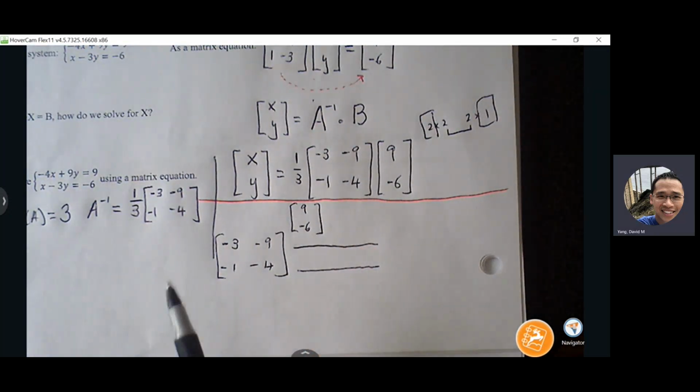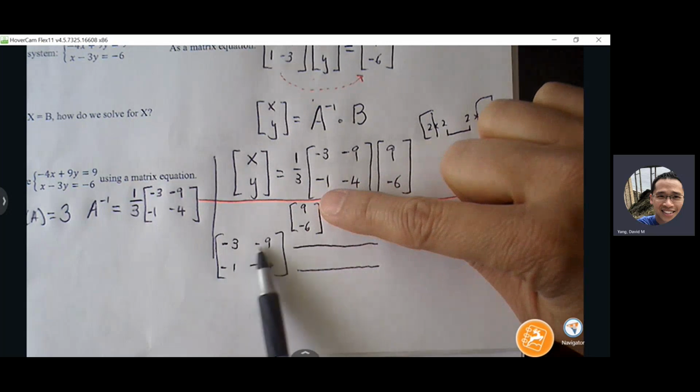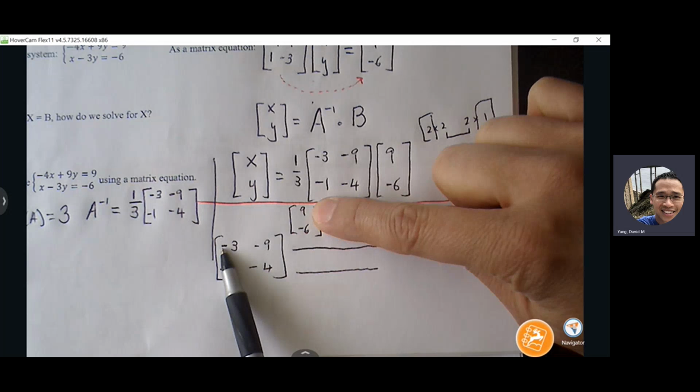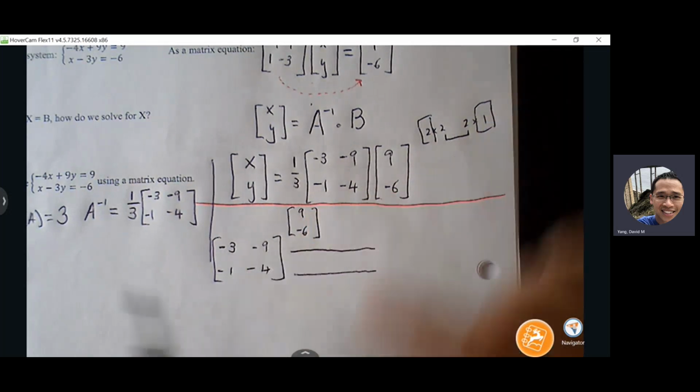Okay, so just like your multiplication steps, we go from left to right for this matrix, then we go from top to bottom for this matrix. Okay, so pair up and add, right?